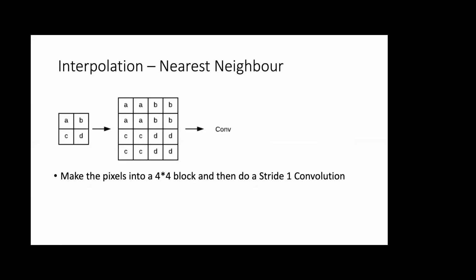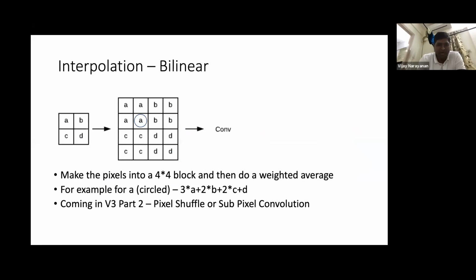Okay, so one more method to do it is not just do a stride 1 without any weights. The way here in the bilinear method is to give an addition of weights to it. For example, you have this pixel A, and then you see what is around it. So you have 3 pixels of type A, 2 pixels of type B, 2 pixels of type C, and 1 of type D, right?